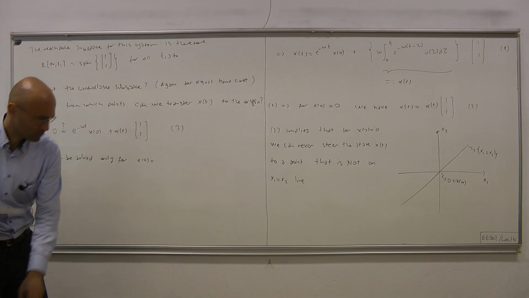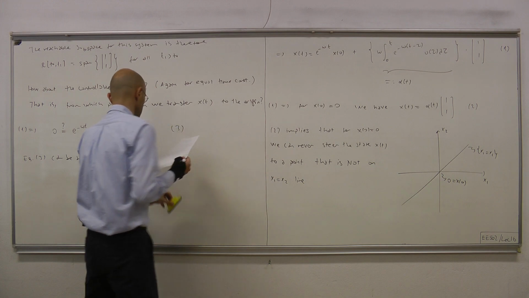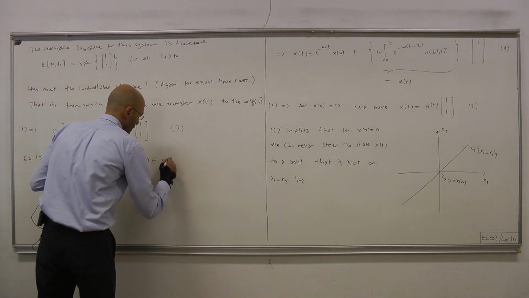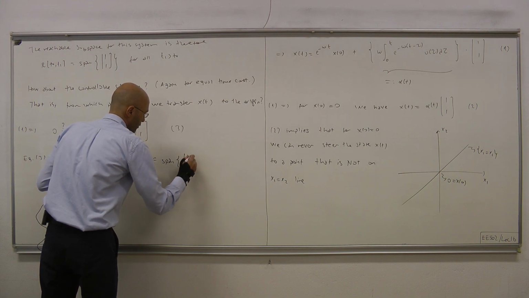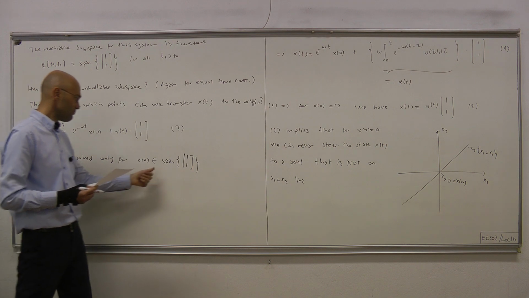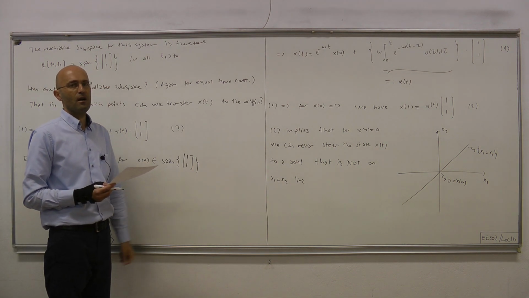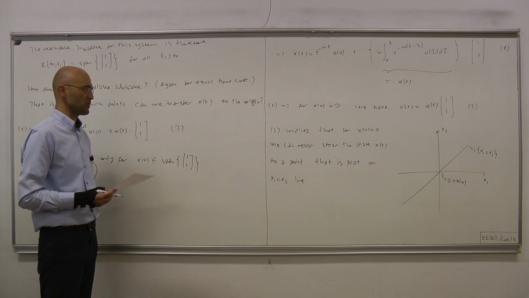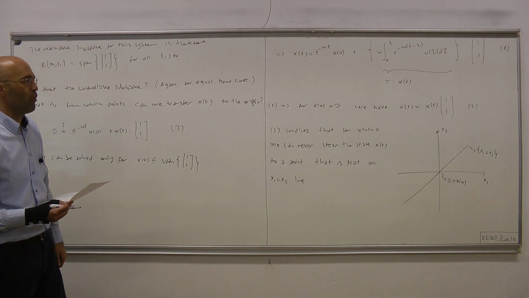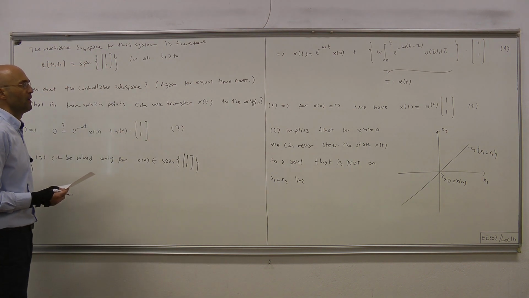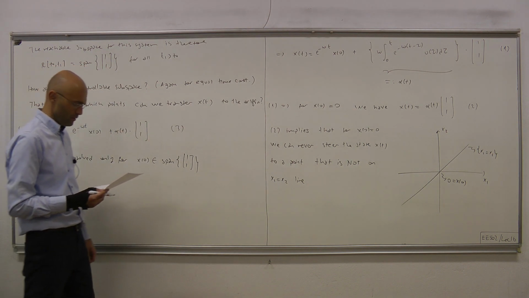x0 in the span of 1, 1. And then, by definition, this therefore must be our controllable subspace. Okay, so reachable subspace and controllable subspace are the same, and both are of dimension 1, where the order of our system is 2.